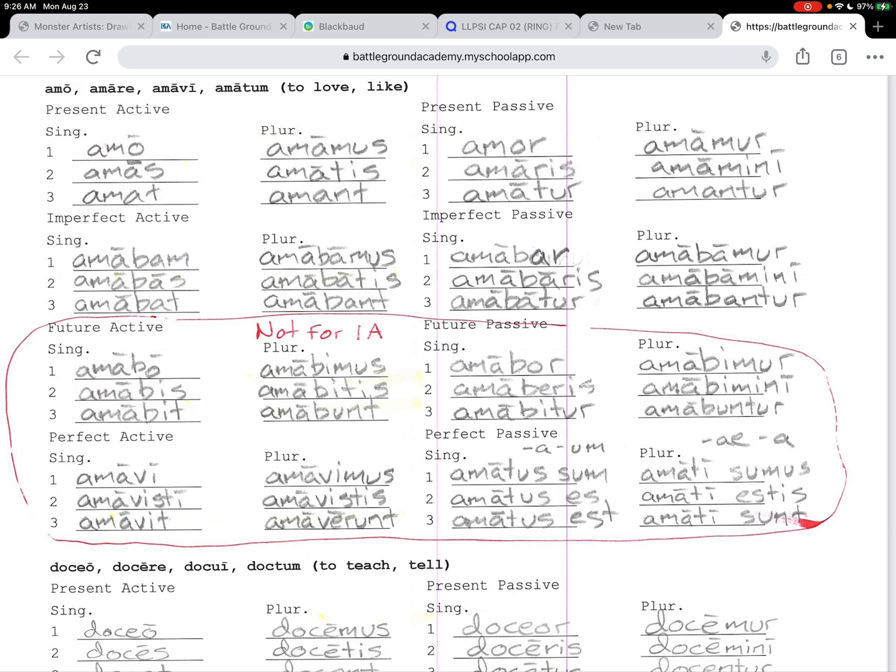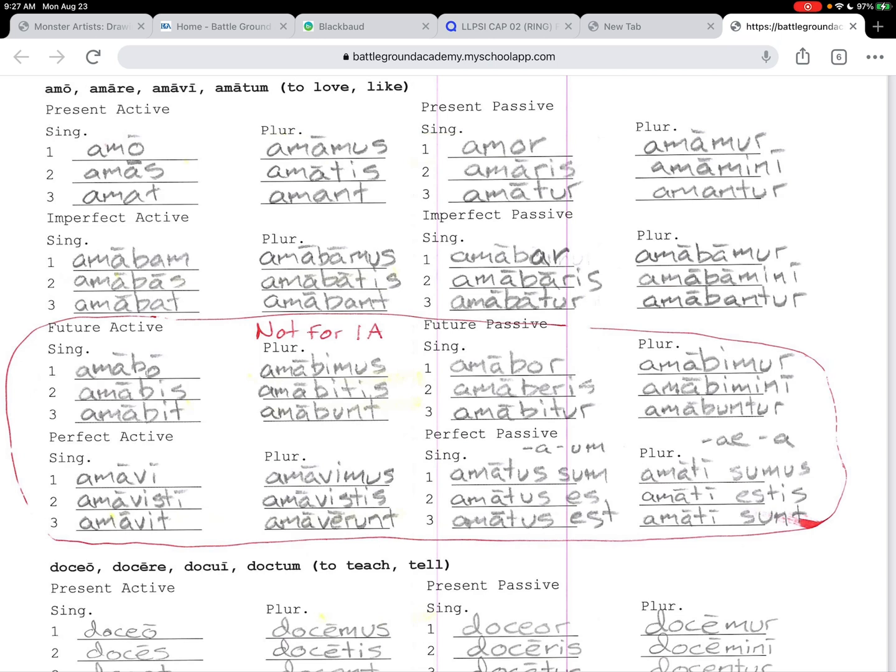First, just going through the active endings. The active endings are O or M. Notice that amo has the I ending O. That means I love. Amabam has the M ending. The M ending also means I. Amabam means I loved or I was loving. So the first ending again for an active verb is either O or M. The second ending is S. The third ending is T. Then mus in the plural, then tis, and then nt.